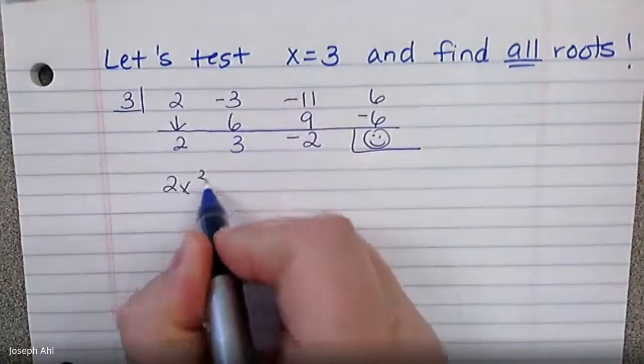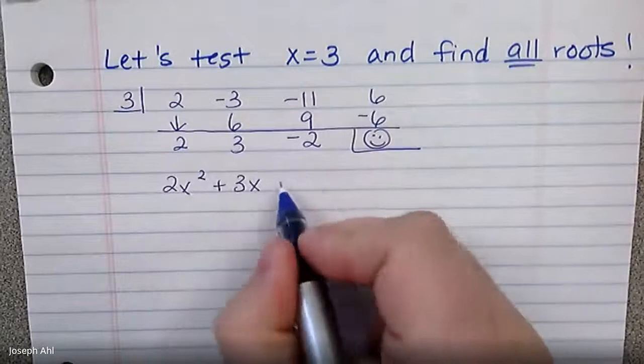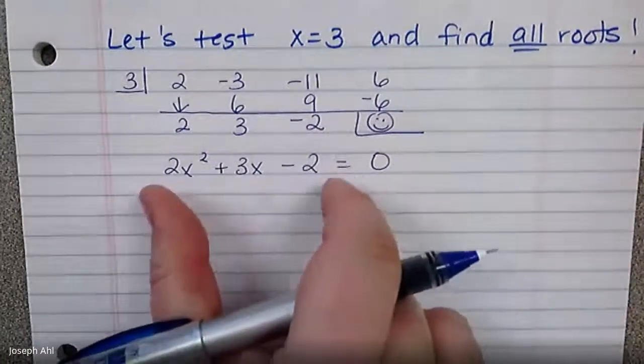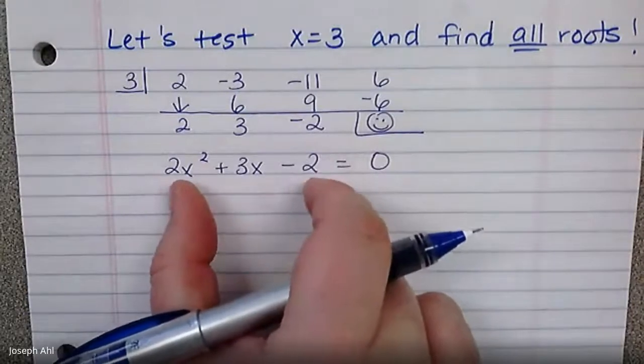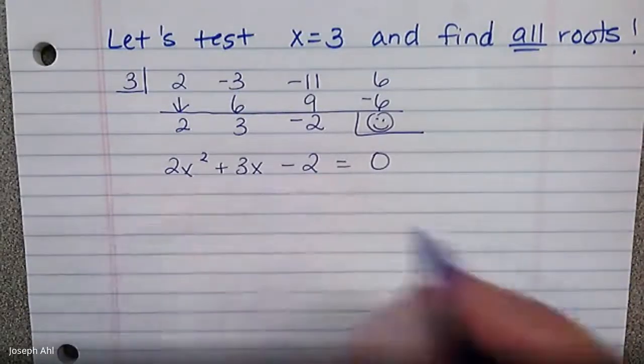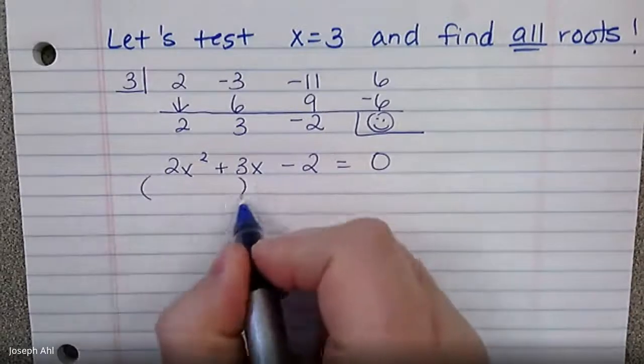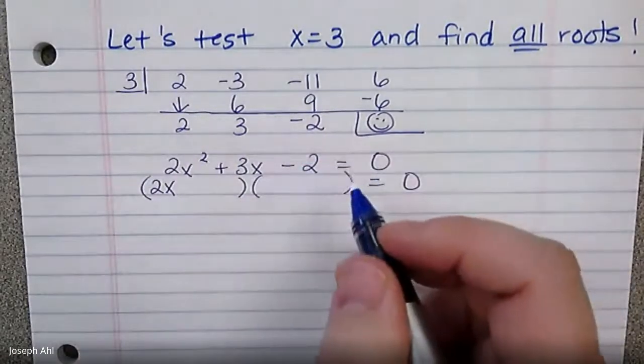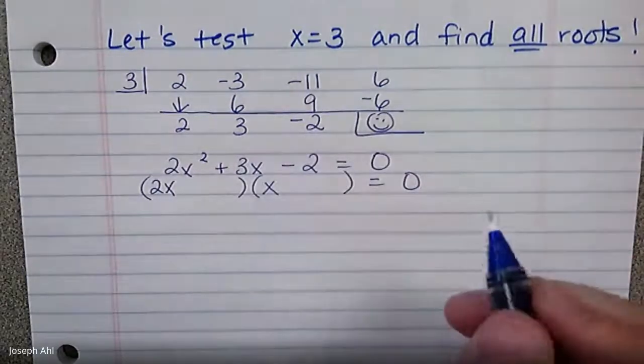Take the remaining coefficients, make your quadratic 2x squared plus 3x minus 2 equals 0. It's not ever guaranteed that this is factorable. So if you don't know how to factor it, or if it's not factorable, use quadratic formula or use complete the square. But this one I'll tell you does happen to be factorable, I believe. So we've got 2x and x here.